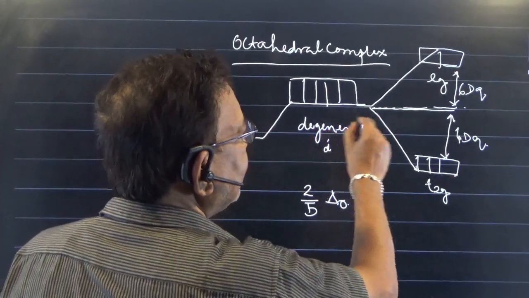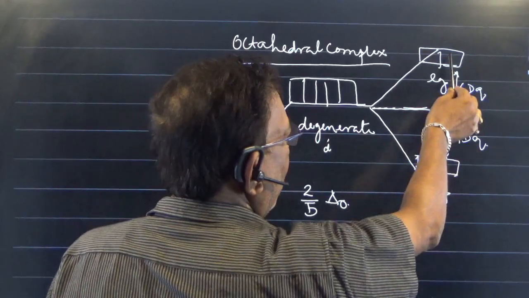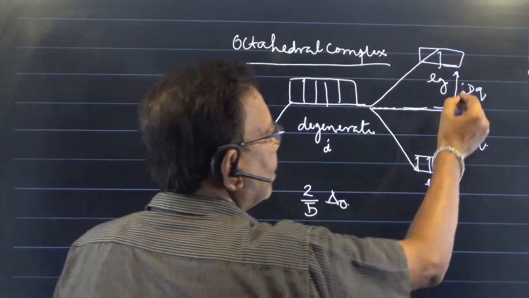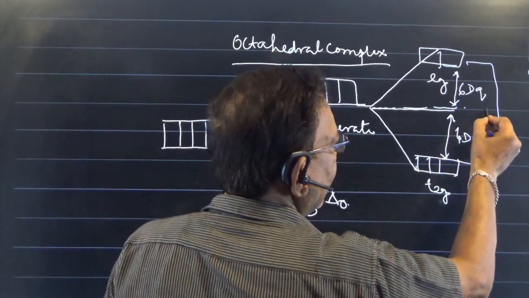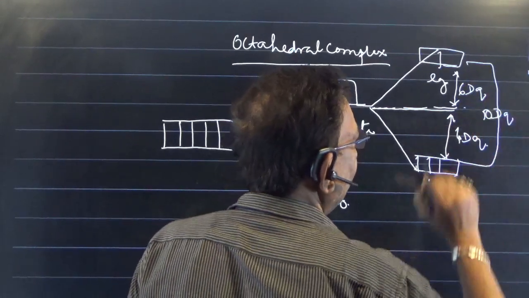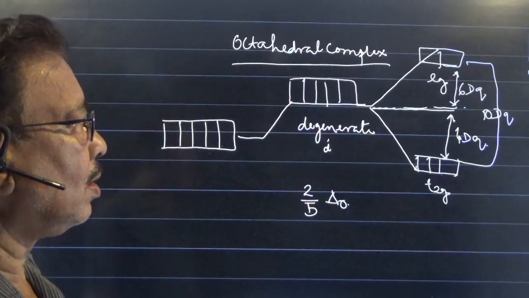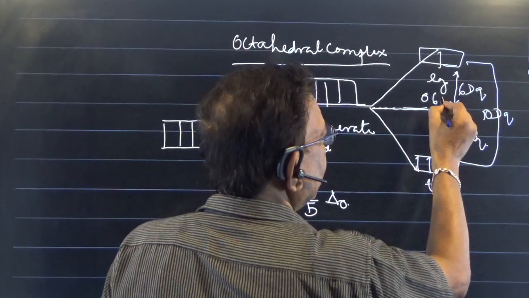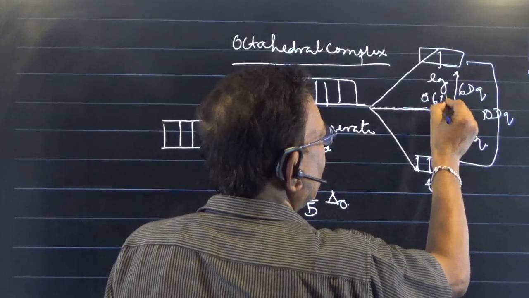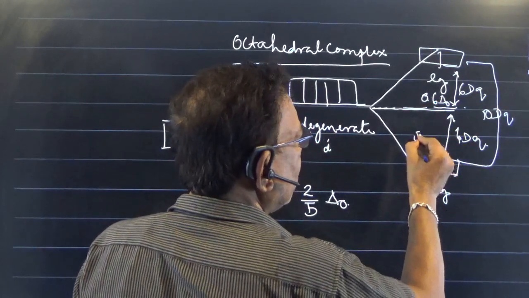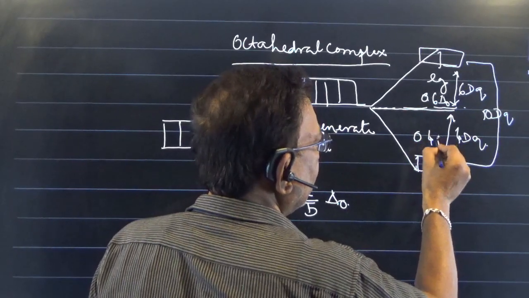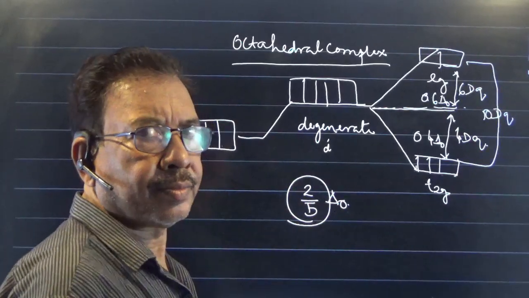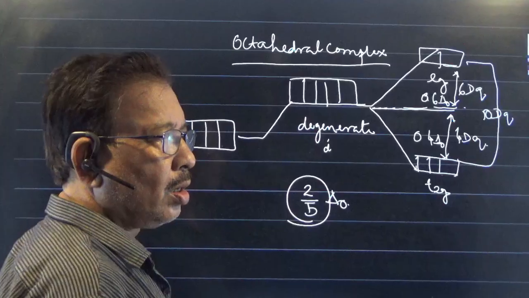Now, since Eg gets more repulsive force, it will go up, whereas T2G will go down 4 dq, and the total difference is 10 dq. Or we can write this as 0.6 octahedral, or this is 0.4 octahedral splitting. 2 by 5, how much is it coming? 0.4.